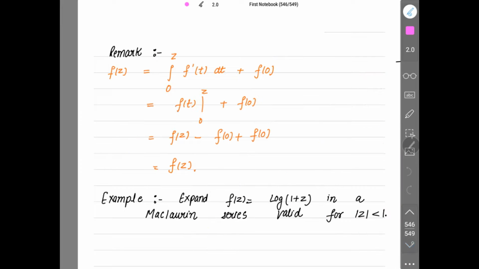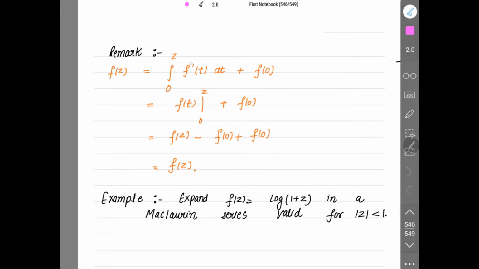Don't worry. Next, there is a remark. f(z) can also be written the other way as the integral from 0 to z of f dash t dt plus f of 0.